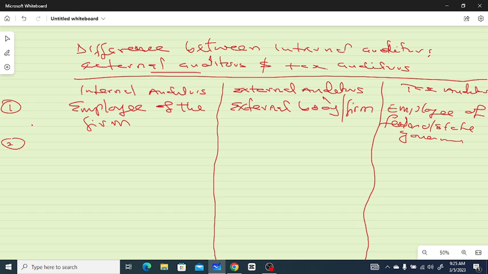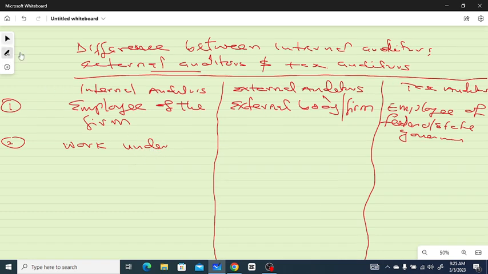This is number one. Then number two, under the internal auditor, the management of the organization determines the work undertaken by the internal auditor, because it's an internal person.